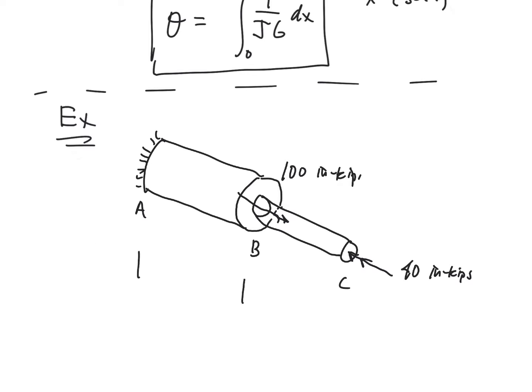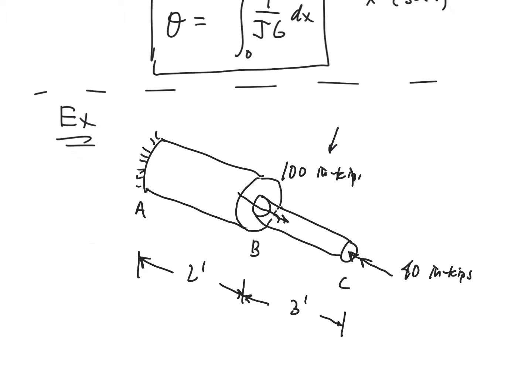These lengths are not exactly drawn to scale. Let's make this one 2 feet and this one 3 feet. But we already know we're going to have to convert those to inches because we've used inches in our applied torque. So our unit of length is going to be inches, and our unit of force is going to be kilopounds, or kips.